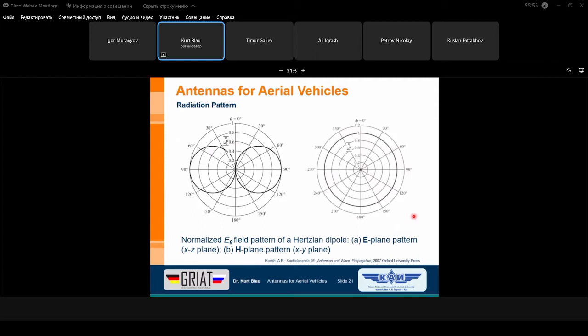If we can guarantee that our antenna, in this case a dipole, has a good match. What does it mean, a good match? I will explain later. It means the power coming from a generator is delivered to a dipole, and this power is more or less completely accepted by the dipole.